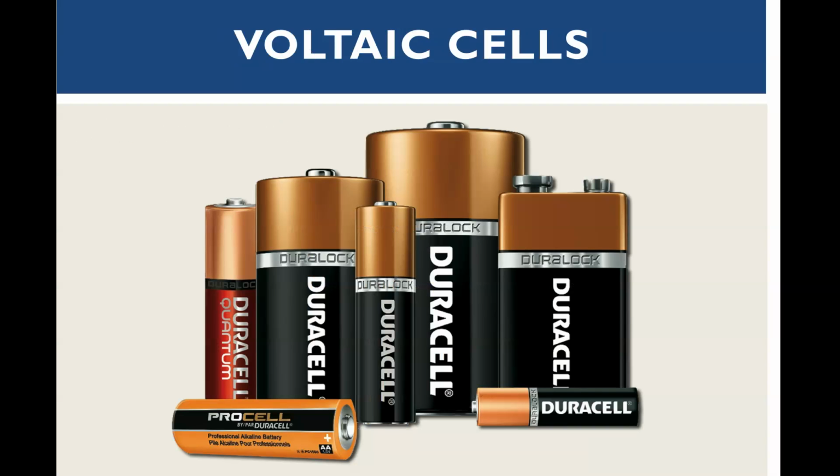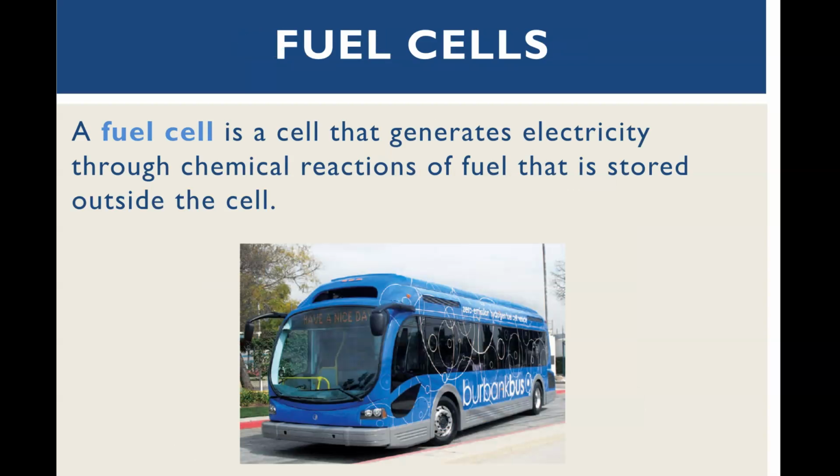These are all examples of voltaic cells. And a fuel cell is different. It's a cell that generates electricity through chemical reactions of fuel. Hydrogen fuel, for example, is one of the common ones.